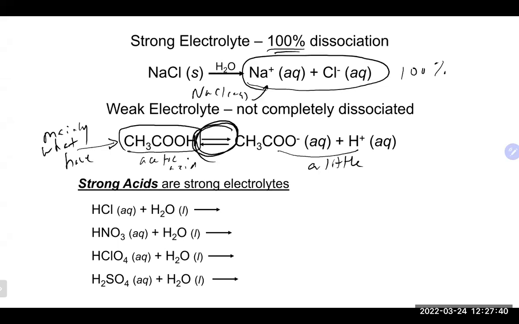These are some of the strong acids, which will 100% dissociate into ions. You would get H3O+ plus some Cl-, since we have water involved.